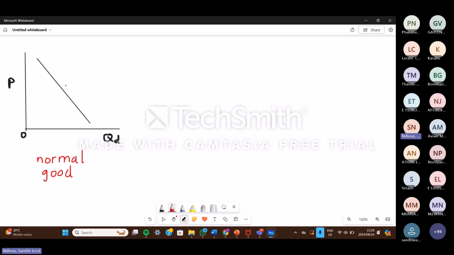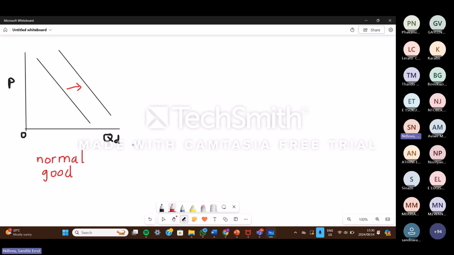So an increase in income for a normal good would result in a rightward shift in the demand curve.